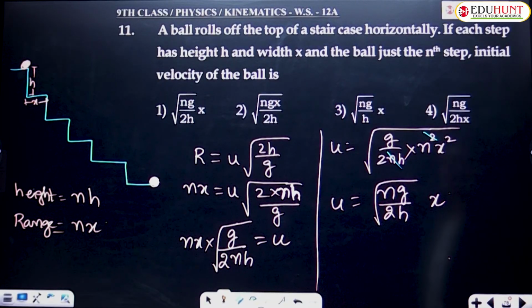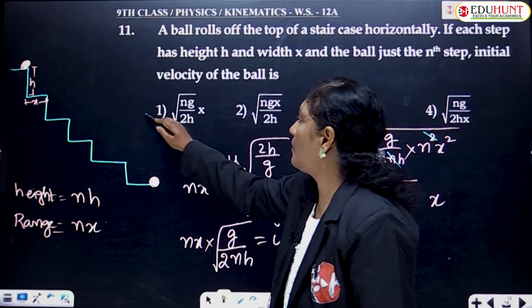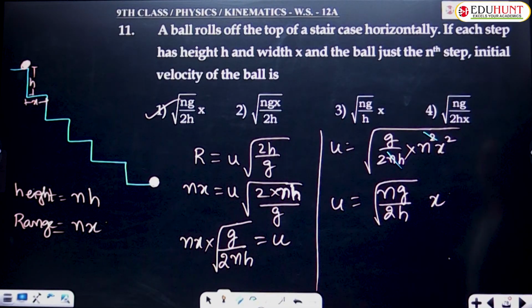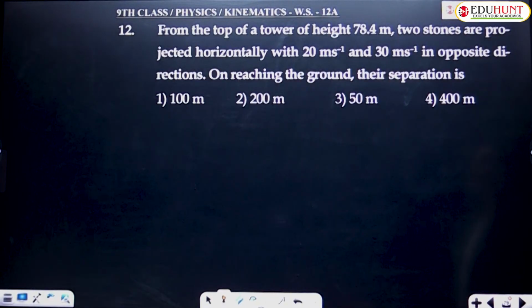So our final answer is root over ng by 2h into x. So your right option is the first option, that is root over ng by 2h into x. Clear? Well, moving to the next question.